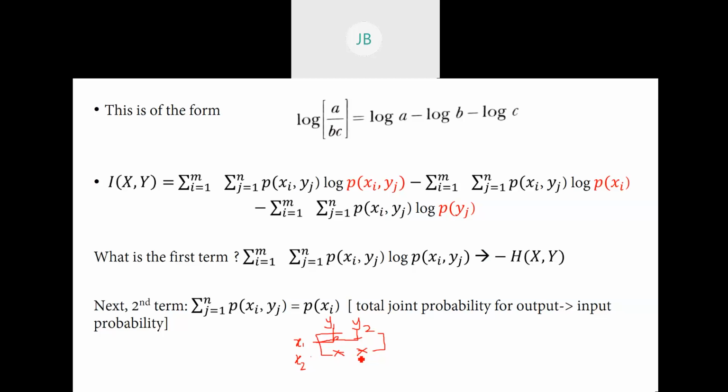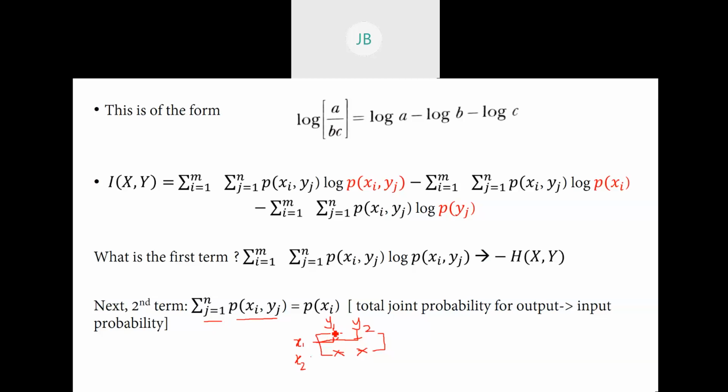Now if you see this term, the summation j is equal to 1 to m of p, the joint probability between xi and yj, is equal to p of xi. Why? In this case, what is varying? Only j is varying, that is the column is varying, right?